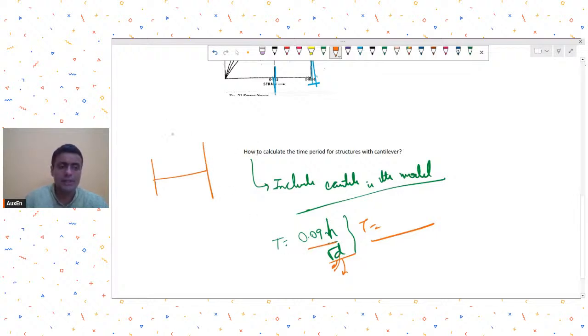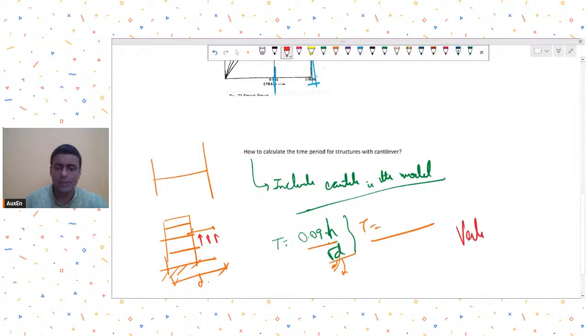So my suggestion is that, let's say your building is like this and it has a cantilever like this. Although your code does not specify for a cantilever what is the base width that you should take, you can take the judgment call, take the appropriate width, and then separately apply the vertical earthquake for this cantilever.